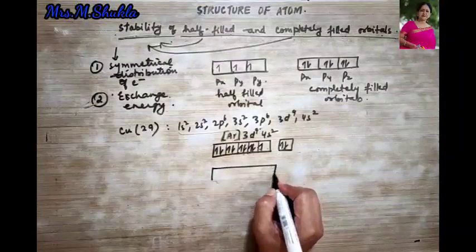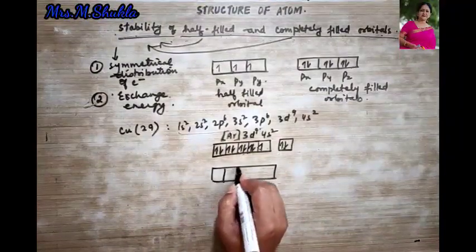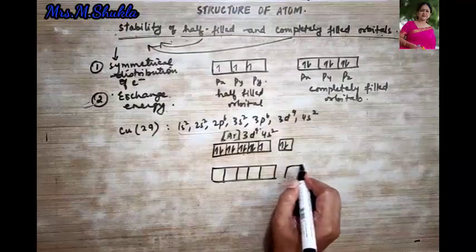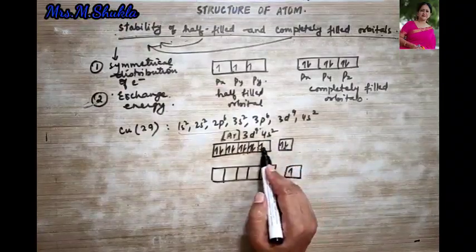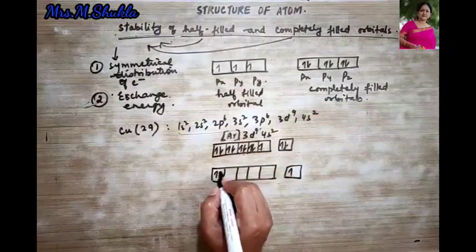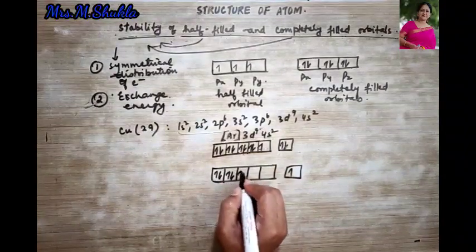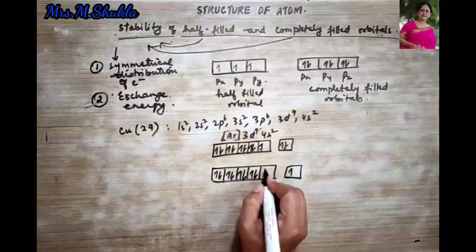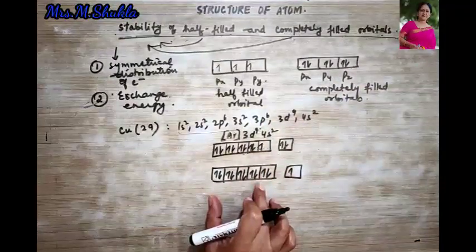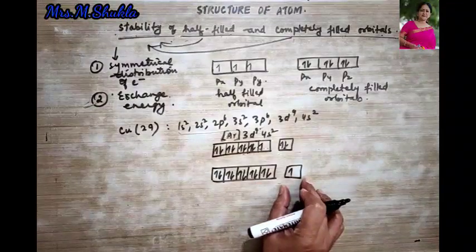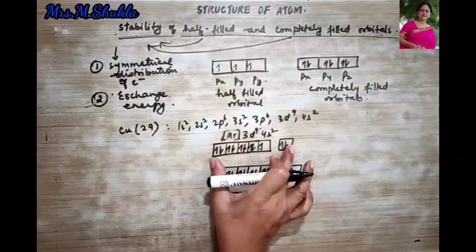So in that case, 1, 2, 3, 4. If this is 1 and it gives away one electron to this side, what does it become? See, now this is a completely filled orbital, right? And this is half filled. So this is more stable than this one.